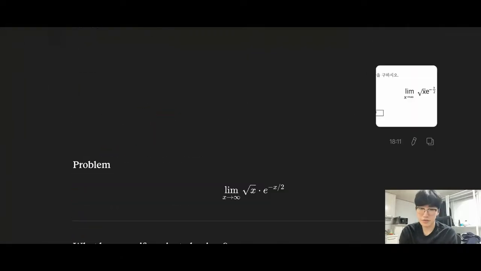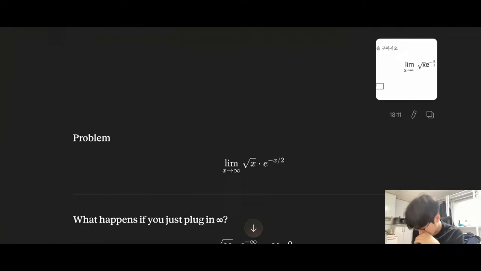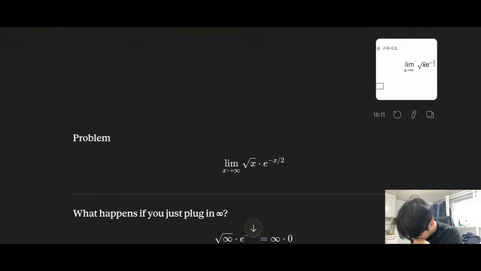For a second I thought I hit the limit. So it's just x times e to the power of negative x over 2.